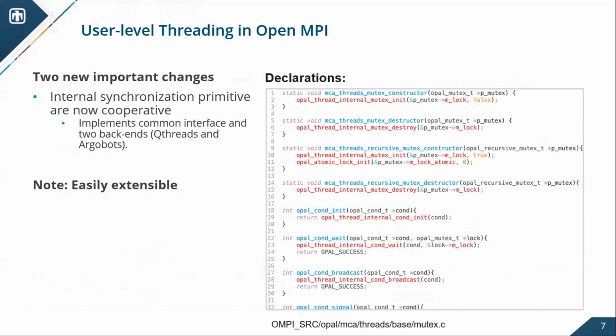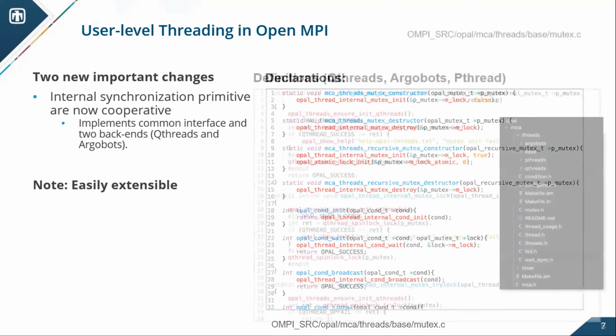We encapsulated everything that could potentially block, such as synchronization constructs, into a generic header file that basically lists a whole bunch of declarations around mutexes, locks, conditionals, signals. These are the four feature blocks that can be invoked in Open MPI internally in order to handle state, protect state, etc. So we added a generic header that lists the declarations for all synchronization constructs that are internal to Open MPI.